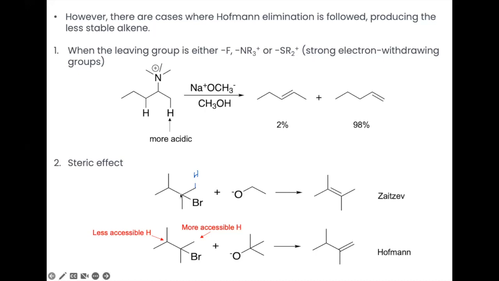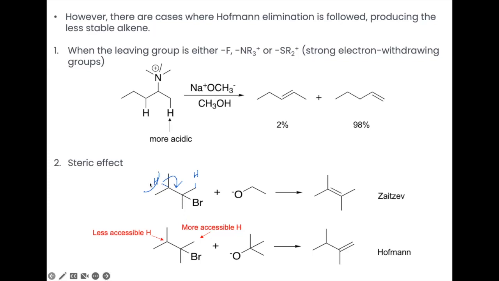Okay, so this is alpha, beta, beta. So we have another proton here. Okay. If we do Zaitsev elimination, then we are removing this proton. This will form the double bond. That will be Zaitsev.